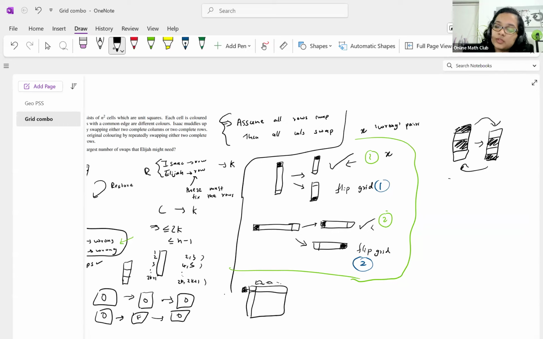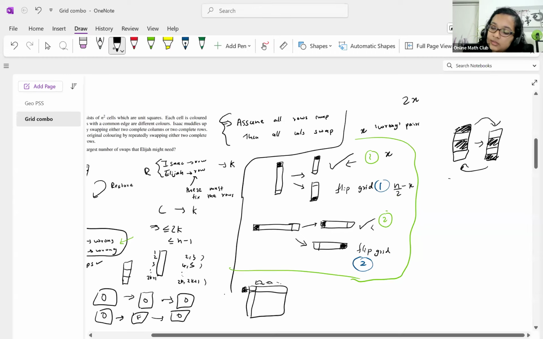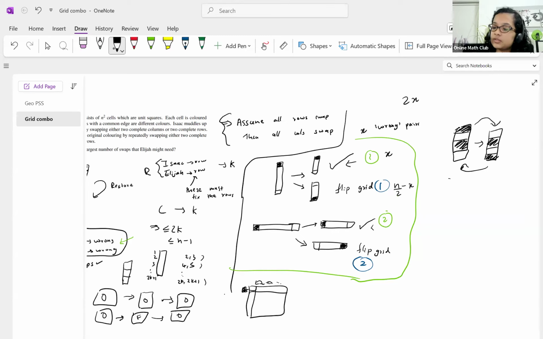But suppose you want to go to the flipped version, then N minus X, I guess. Exactly, because you'll have X wrong pairs, which means you have 2X wrong things. So it'll be N by 2 minus X actually, right? Yeah, because you have 2X wrong things.